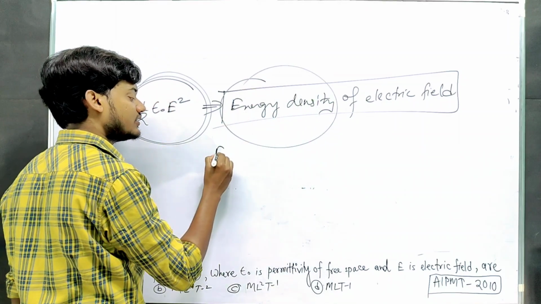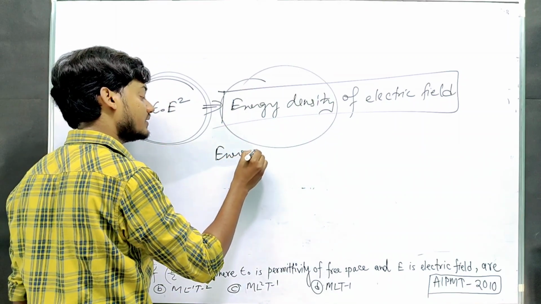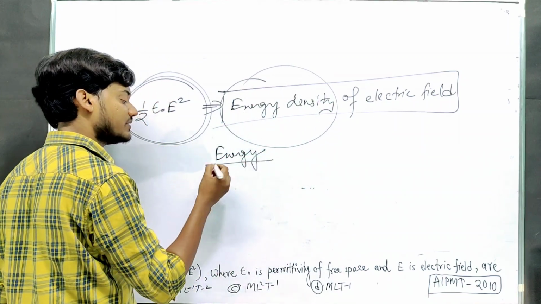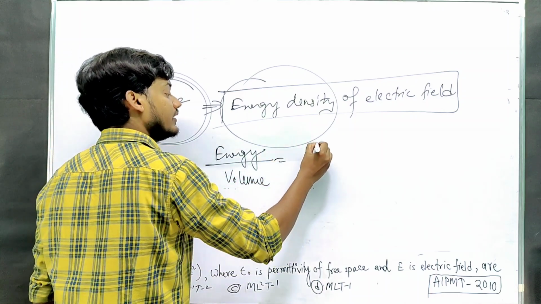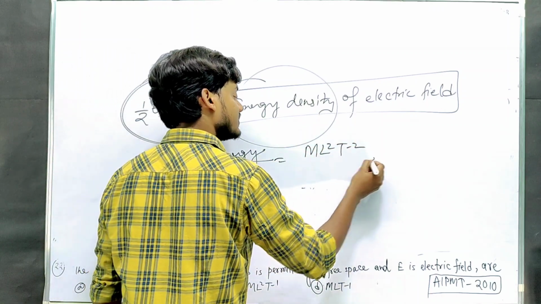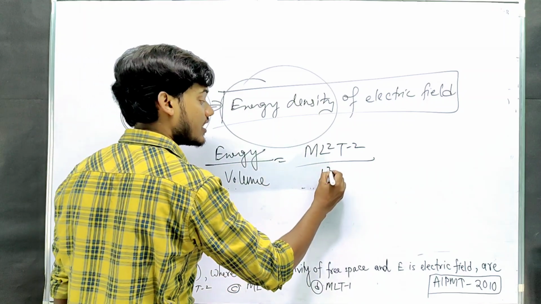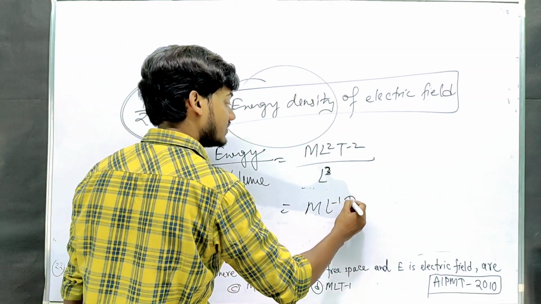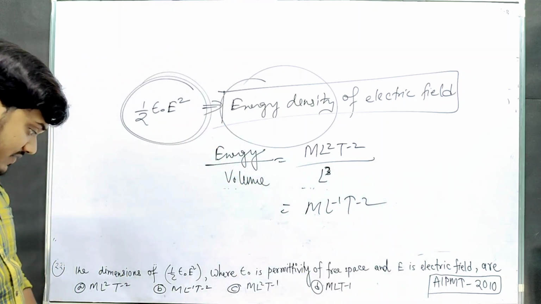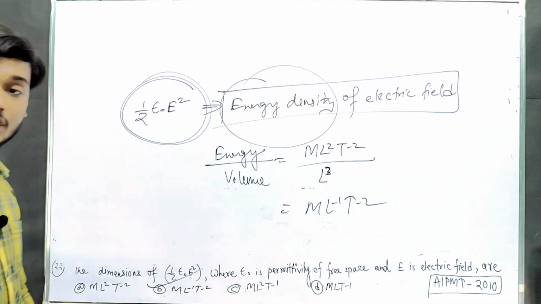Energy density, इसको याद रखना, energy density means energy by volume. So the dimensions of energy are ML square T inverse 2 and volume is L cube. So right answer is ML inverse T inverse 2, ML inverse, option B is right. Okay.